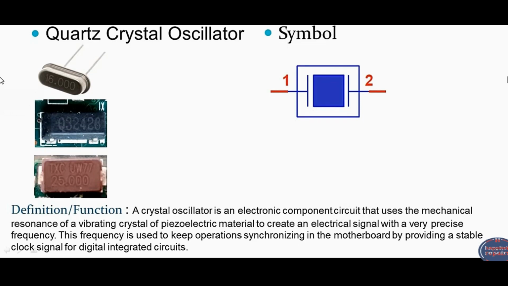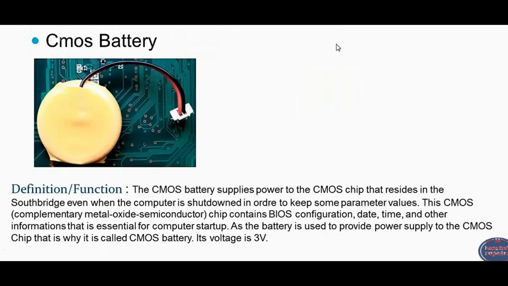Each crystal oscillator has a very precise frequency. You can find, for example, 25 kilohertz or 14 kilohertz and so on, depending on the type of the circuit.